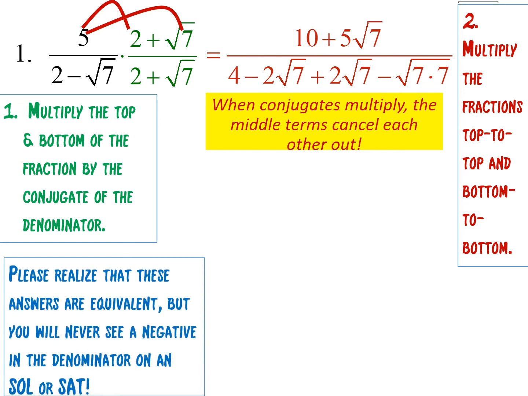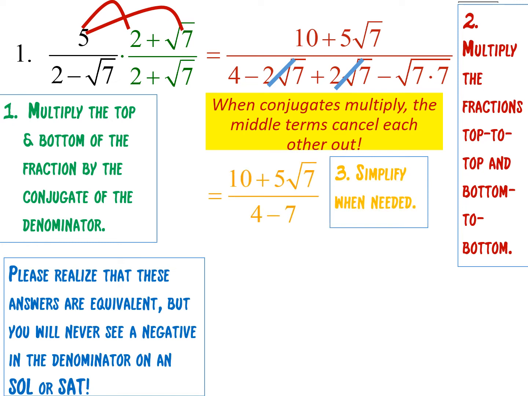Once those middle terms cancel out, and we simplify, we get at the top 10 plus 5 times the square root of 7. But now in our denominator we have 4, and on the end we have minus 7. We can simplify. This is 10 plus 5 square root of 7 over 3.